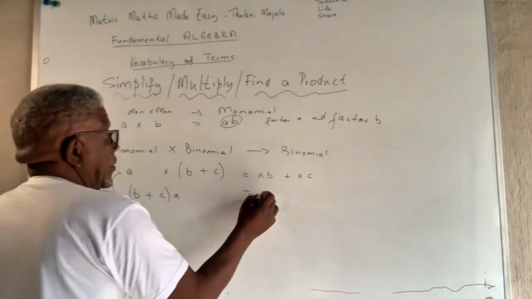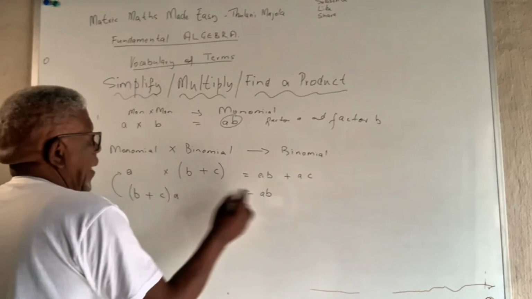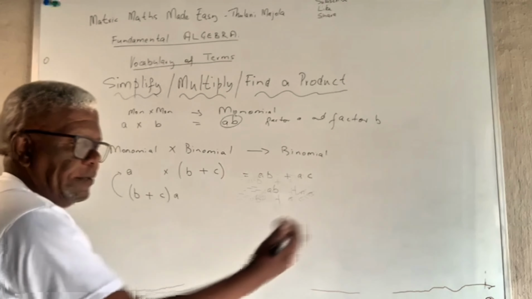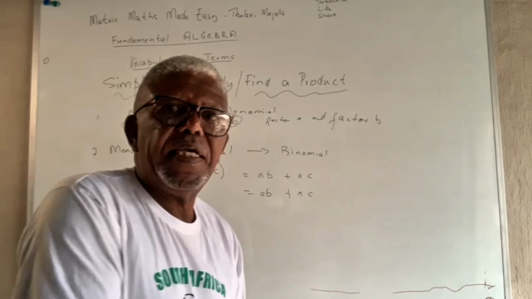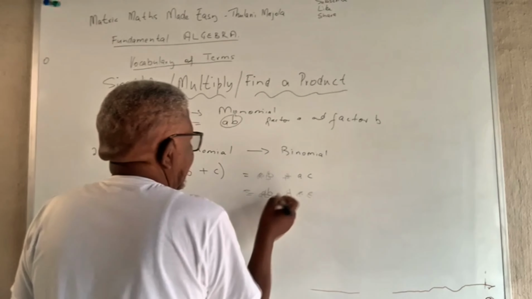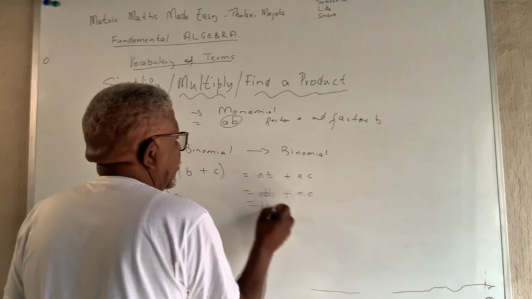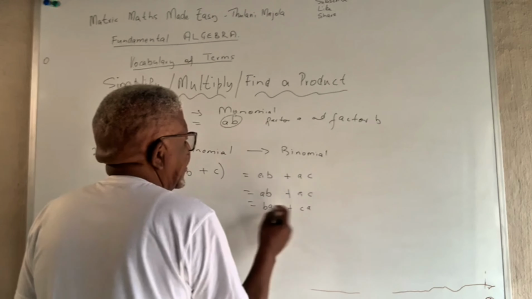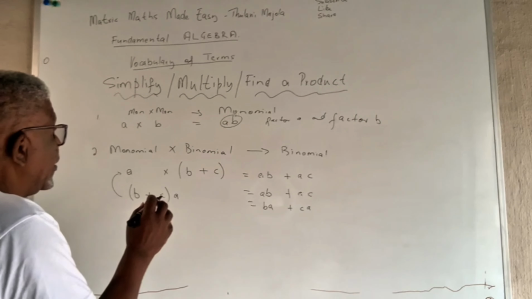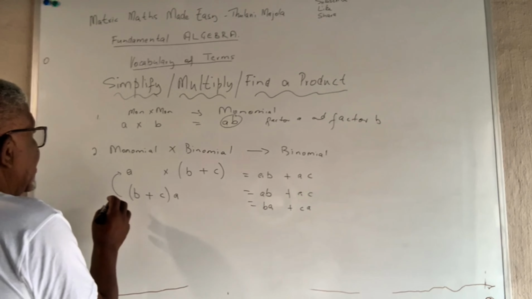B times A is AB plus C times A is AC. The sequence, how you write them, doesn't matter. This is the same as BA plus CA. The same thing, doesn't matter.